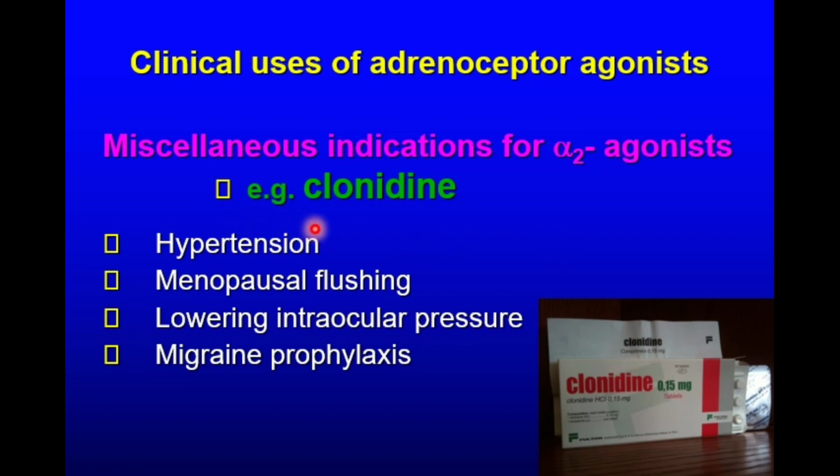Alpha-2 agonists such as clonidine have been used for management of hypertension, menopausal flushing, lowering intraocular pressure, possibly by reducing the production of aqueous humor, and as prophylaxis for treatment of migraine.